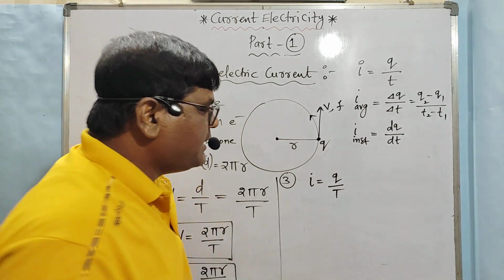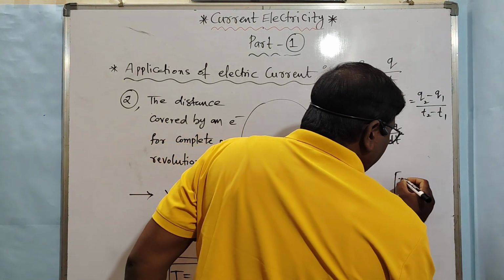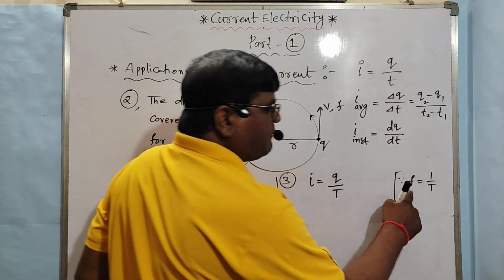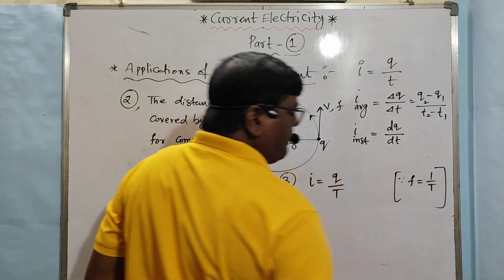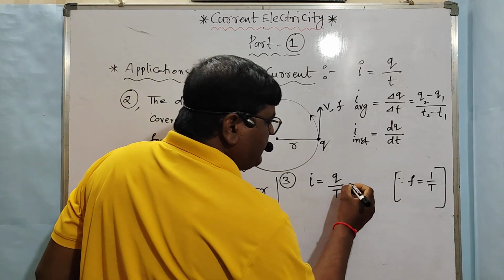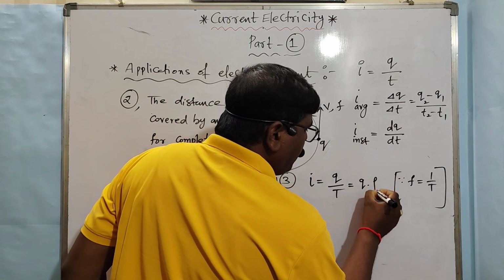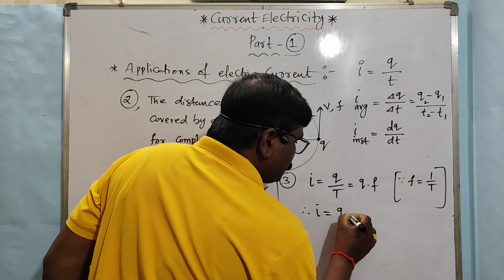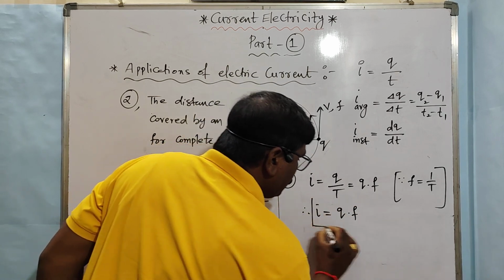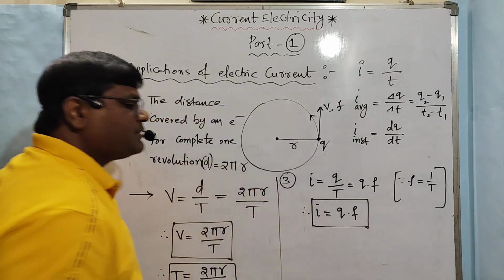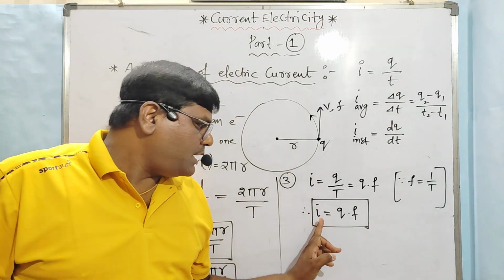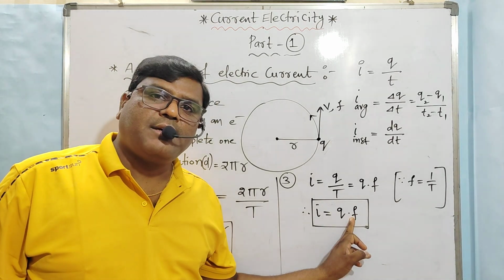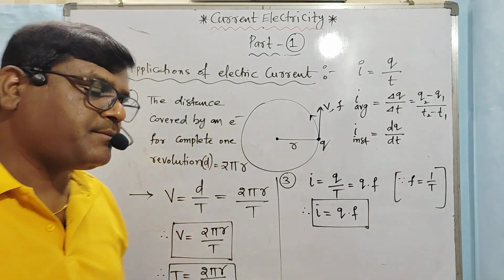We know that frequency F is equal to 1 by T, so I is nothing but Q into F. So electric current in terms of frequency and charge can be written as Q into F. Sometimes we have to use this formula to find the value of current. This is the frequency and charge multiplication.